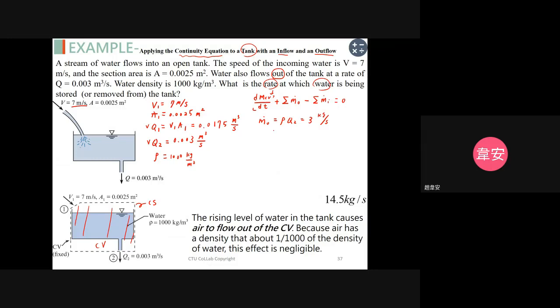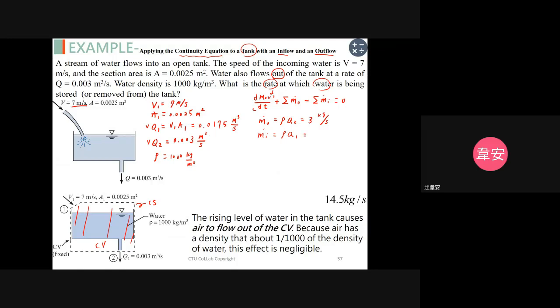And what is the inflow? The inflow rate is equal to rho Q1.